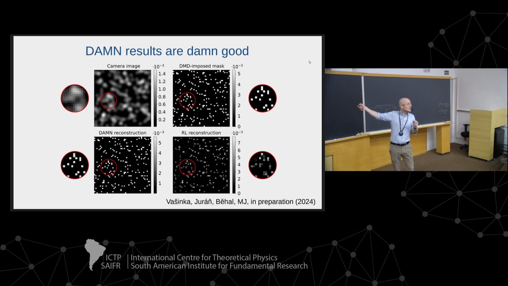This state-of-the-art method knows the parameters of the microscope. The neural network doesn't know the particular parameters of the microscope in this case. And by the way, these are not numerically simulated data. This is the experiment.